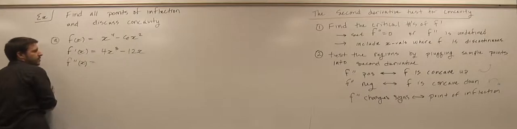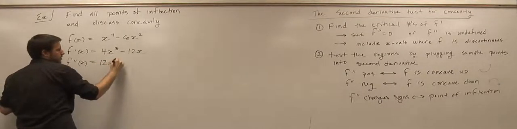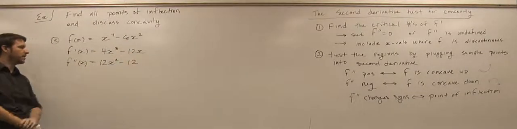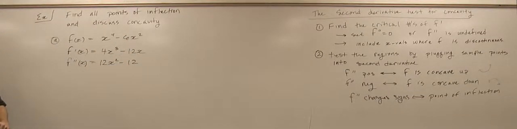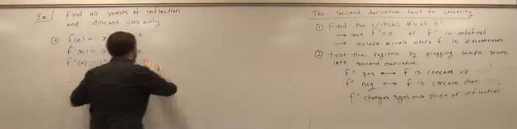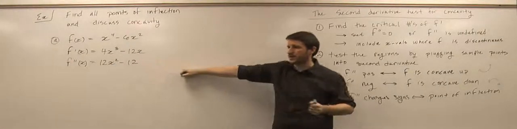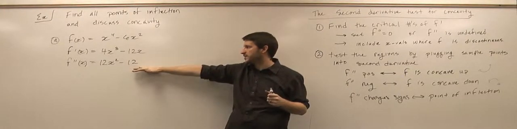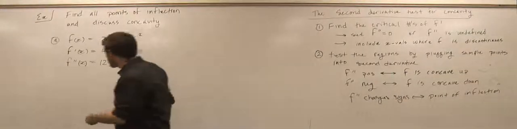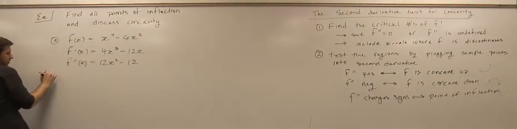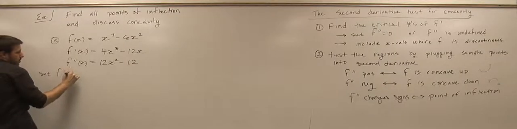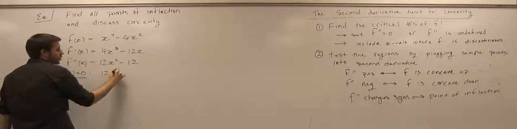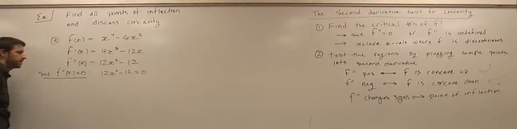So what's the second derivative? 12x squared minus 12. You do the derivative again: the 3 comes down, the x becomes a 1. So for my second derivative test, I figure out where this is 0 or undefined. It's never undefined, but it is 0. So I set f double prime equal to 0 and solve 12x squared minus 12 equals 0.